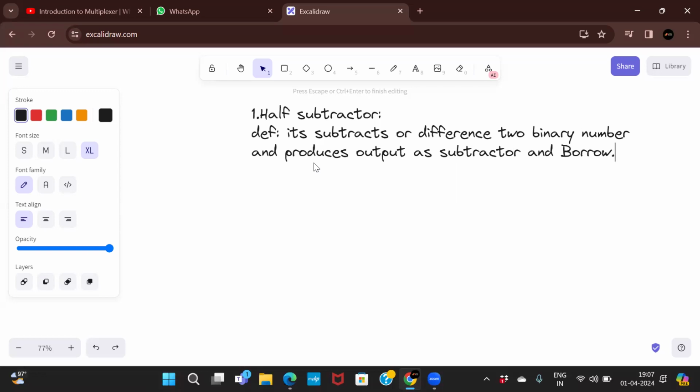This is one of the definitions. It is a circuit with two inputs and two outputs.